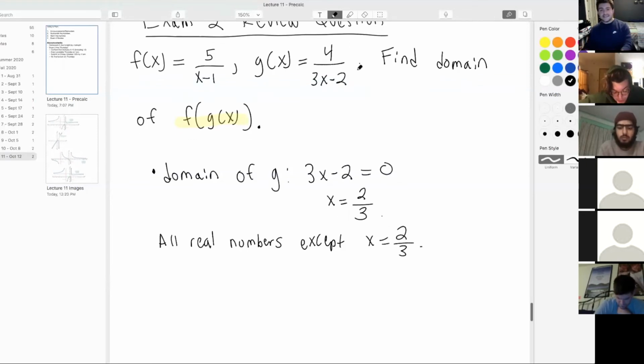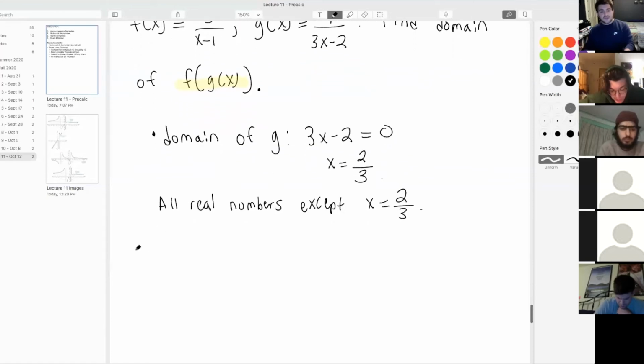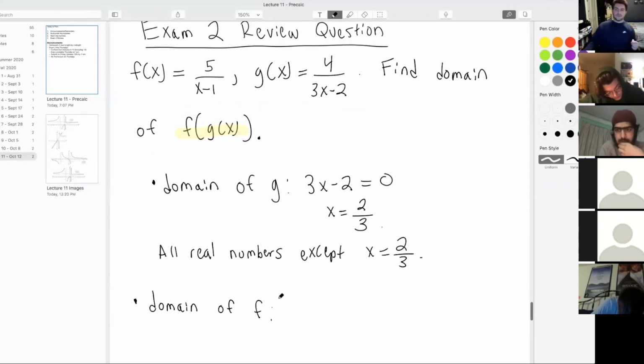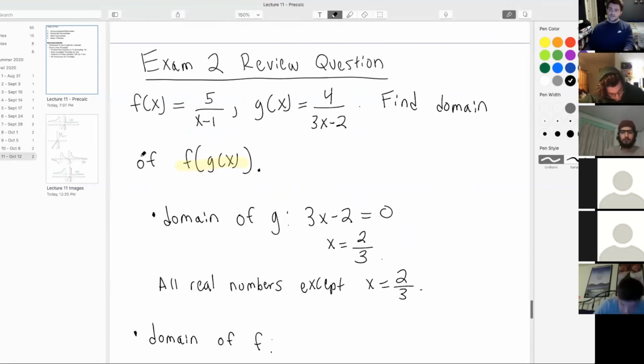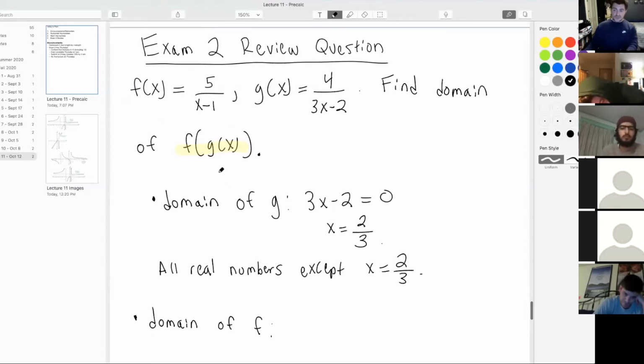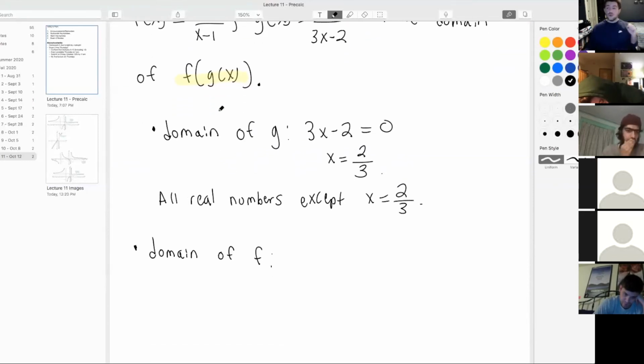Okay, very nice. Next, we need to find the domain of f. We're in a very similar situation. f of x is a rational function, so we need to make sure that we're not dividing by 0. So you set the expression in the denominator equal to 0, solve, and exclude that.